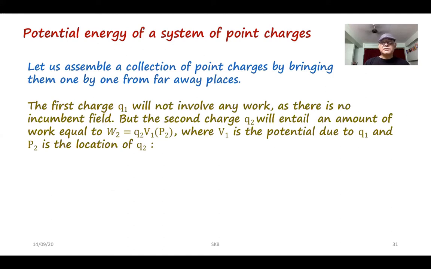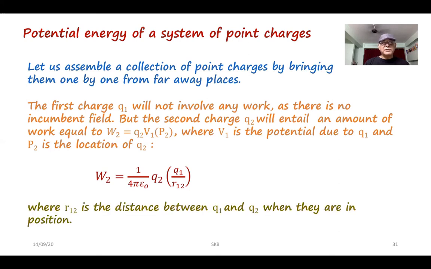But the second charge q2 will entail an amount of work equal to W2 equal to q2 into V1 at P2, where V1 is the potential due to q1 and P2 is the location of q2. That is, W2 is equal to 1 by 4 pi epsilon naught q2 into q1 divided by r12, where r12 is the distance between q1 and q2 when they are in position.